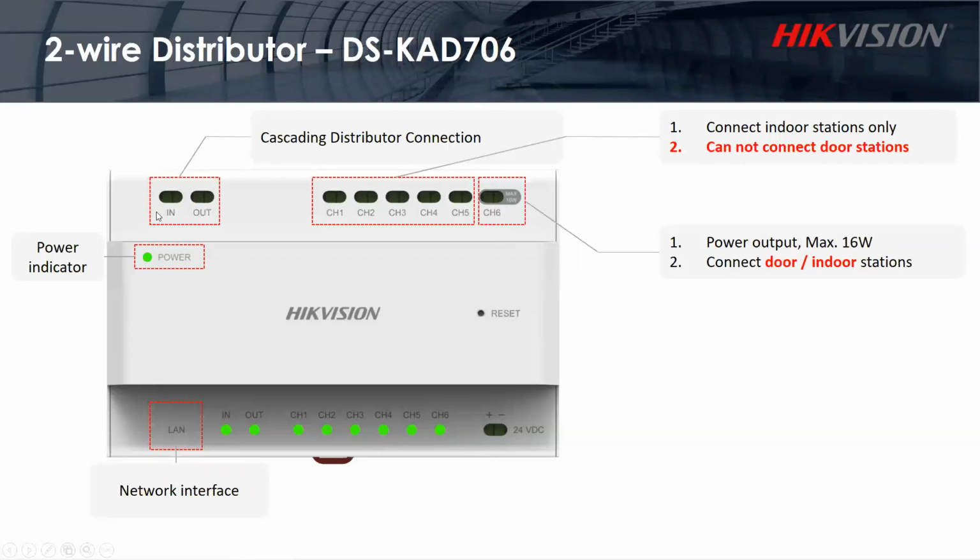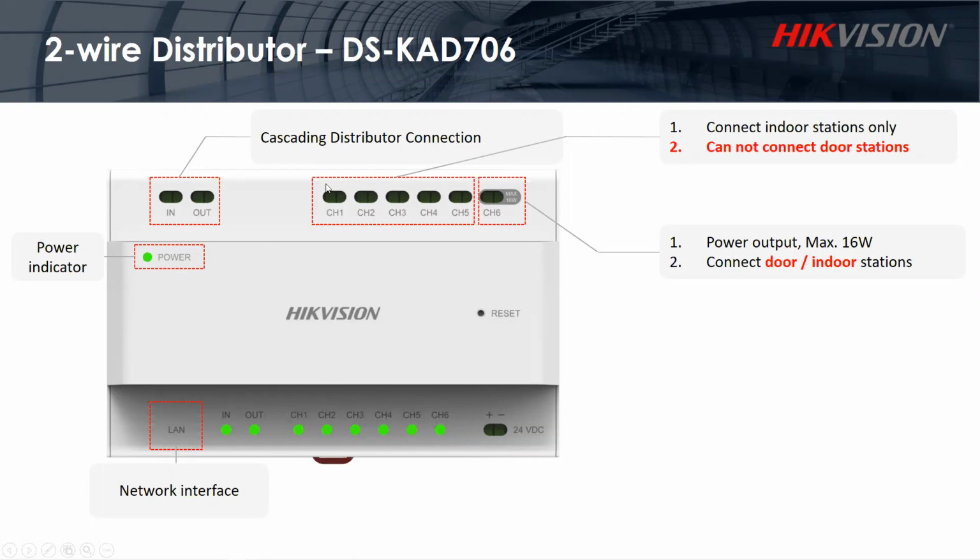As well, we have the in and out. If you have multiple levels or multiple apartments, or more than 6 indoor stations, then you can cascade and connect your distributor boxes together using the in and out. As well, the distributor box has a power LED and a couple of LEDs at the bottom here to show the state of the connection.